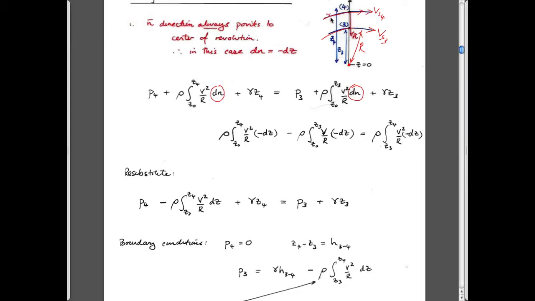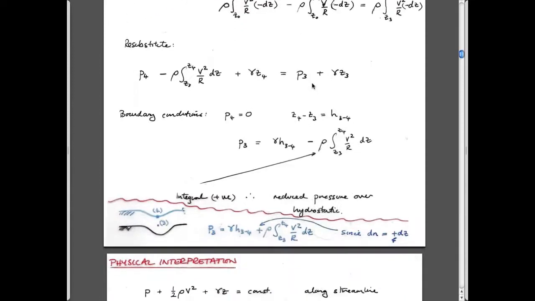If this is the surface of the water, which is a streamline, of course, and it's going over a hump, then the pressure you'd feel at this point, if your ears were there, is equal to the unit weight of the fluid multiplied by the depth below the surface that you are, but it's reduced by some small amount. If the radius of curvature is infinite, in other words, it's just going horizontally, then this term would be 0, right? Because this term would be nothing. But if it's finite, as it is in this case, then it reduces the pressure.